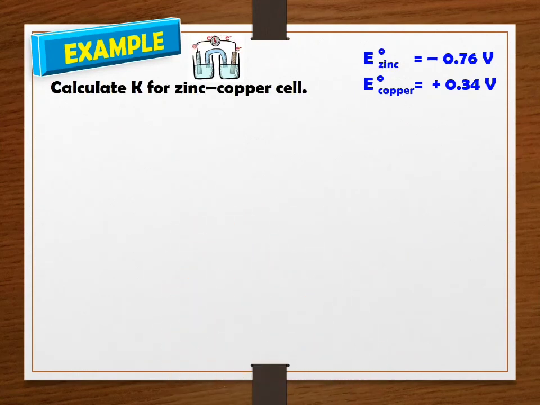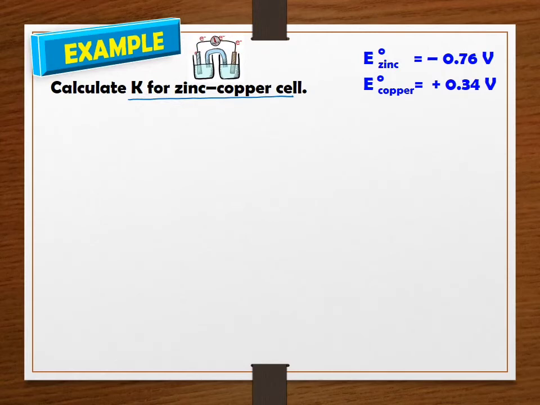Now we look at the example. The question asks you to calculate K for the zinc and copper cell. So here you are given the value of E0 cell for the zinc and copper. So macam ni lah kelas soalan exam. Sebab apa? Dalam exam memang dia tak akan beri you all table standard reduction potential.